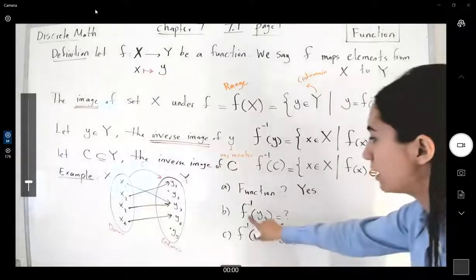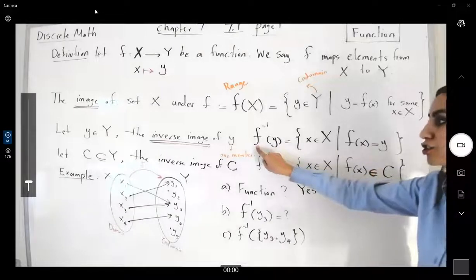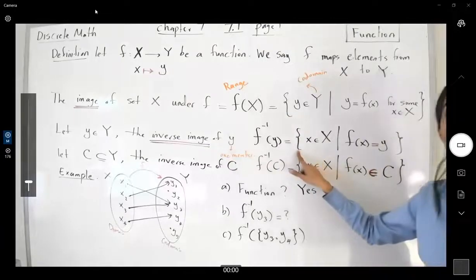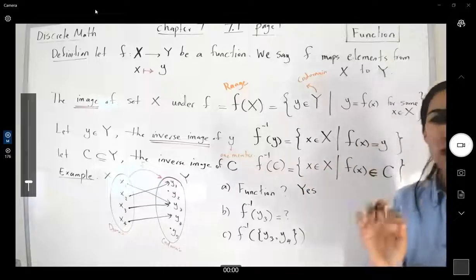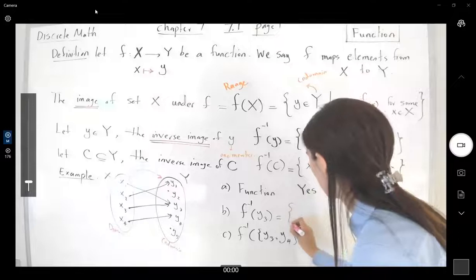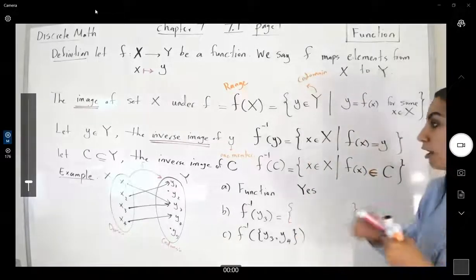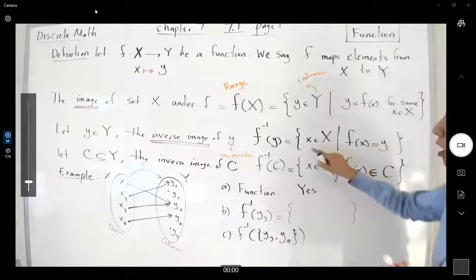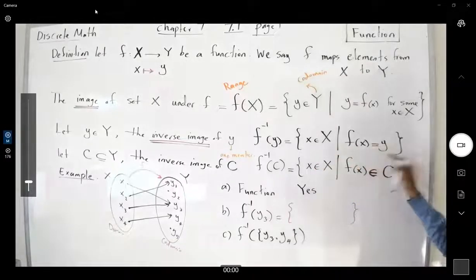Very well. So what is the inverse image of one element? Remember that we're discussing this definition. The inverse image of just one element is defined as a set. Guys, make sure you have the set notation here. So I'm going to put this using a different color, so you know that you are following the exact definition: all x values such that f of x is equal to y.